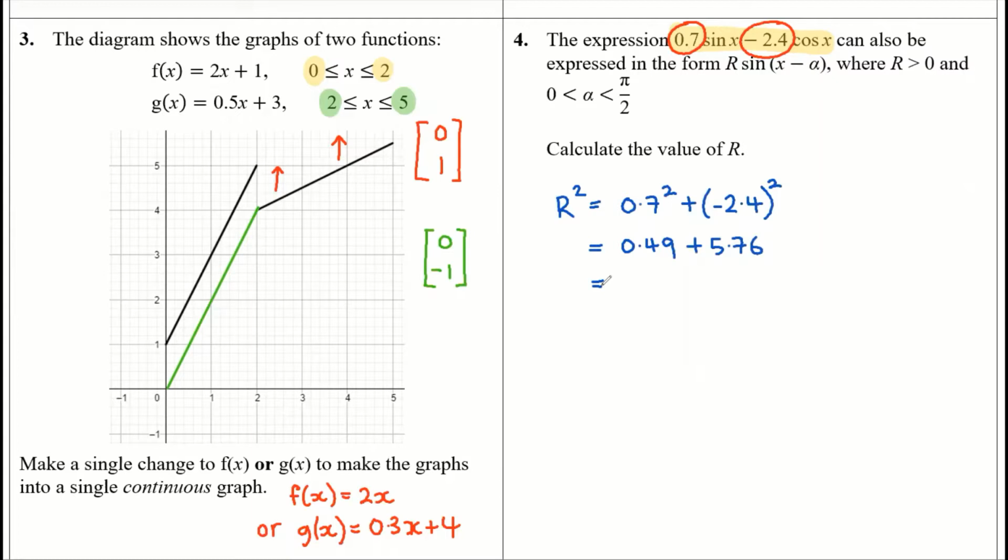If you add those together, you of course get 6.25, which looks a bit like a square number that we're familiar with, doesn't it? So this is r squared. So therefore r is just going to be the square root of 6.25, which is of course 2.5.